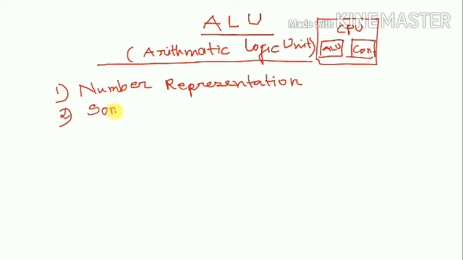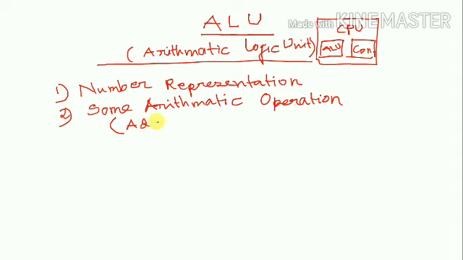Some arithmetic operations. In these arithmetic operations, we will study the digital circuits of the different arithmetic operations. One of the important circuits is the adder circuit. Different types of adder circuits we will study here.